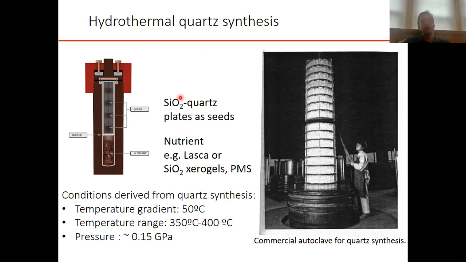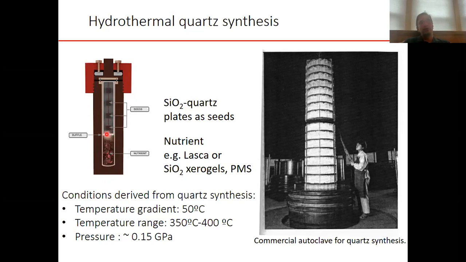So you see here schematically the experimental setup. You have a high pressure autoclave with a high aspect ratio that allows you to produce a large temperature gradient, and you have two zones. This is the dissolution zone, the lower one, and this is the growth zone, the upper one.